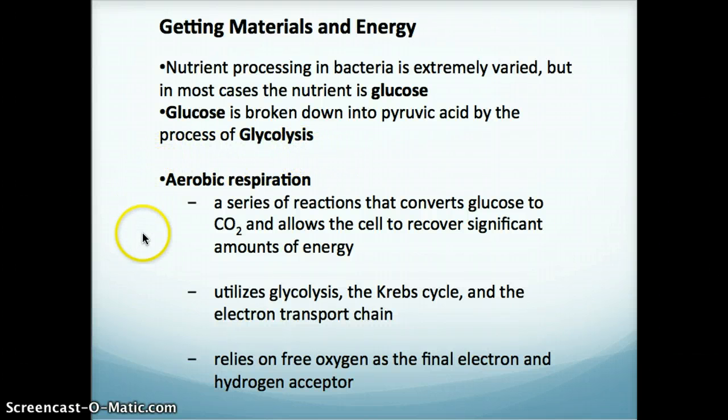When we look at aerobic respiration, which was the first in that figure I just showed you, there are a series of reactions that are going to convert glucose to CO2 and allow the cell to recover a lot of energy from that. It will use glycolysis, the Krebs cycle, and the electron transport chain, and in the end, it relies on free oxygen to accept that final electron and hydrogen, and that is basically aerobic respiration.